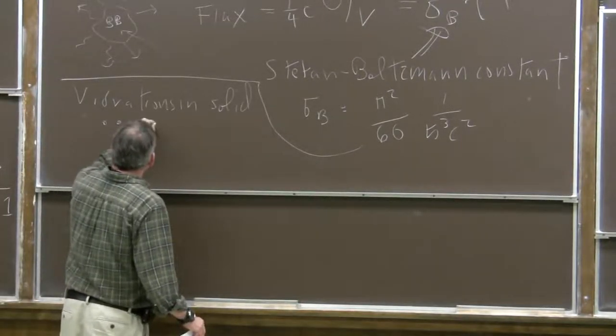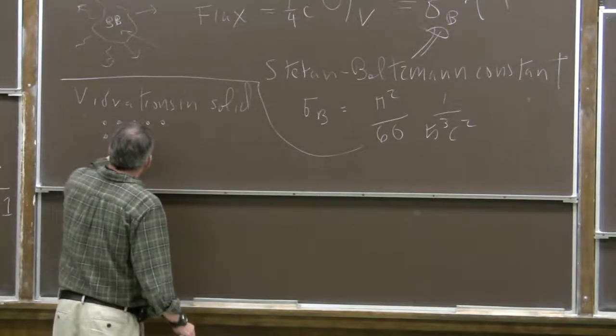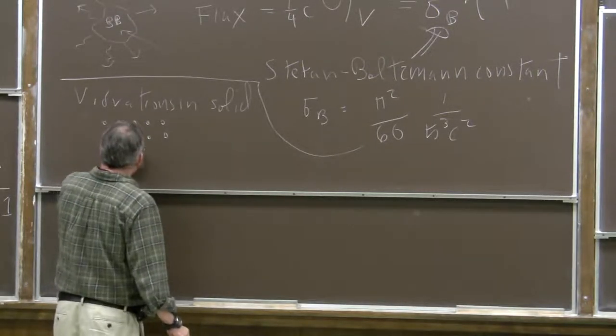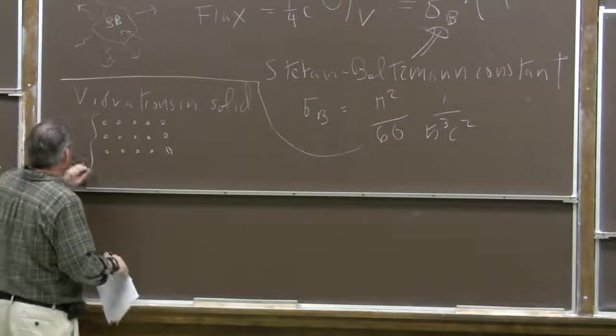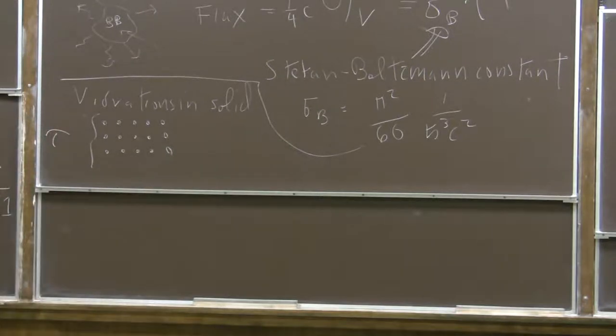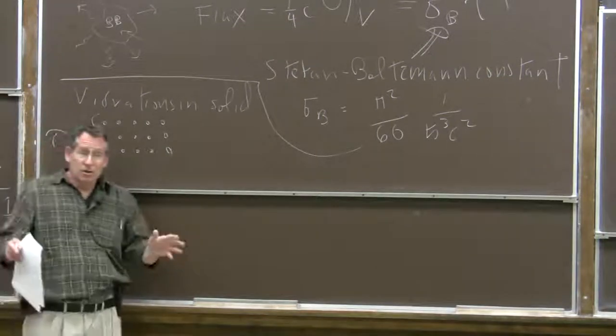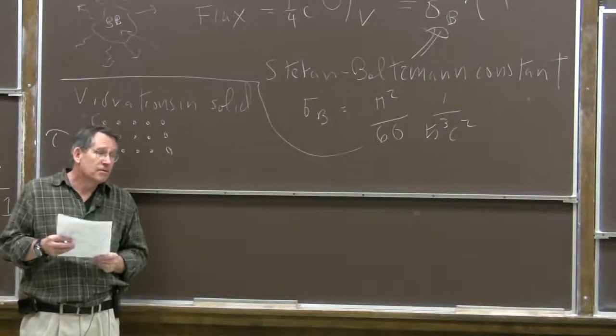There's a regular arrangement of atoms in three-dimensional space in a solid. That's what I mean by a crystal. I'm drawing it in 2 dimensions, but it's really in 3. And let's imagine such a solid is in contact with a reservoir at temperature tau. That's going to cause the atoms to jiggle. So there will be some energy stored in the vibrations of the solid, and we would like to compute that. What is the energy per unit volume of the solid stored in lattice vibrations at temperature tau?